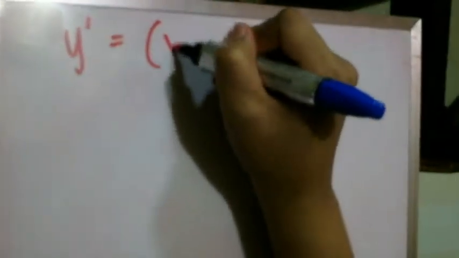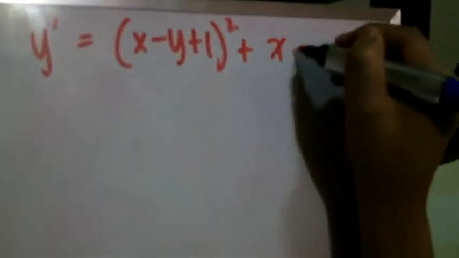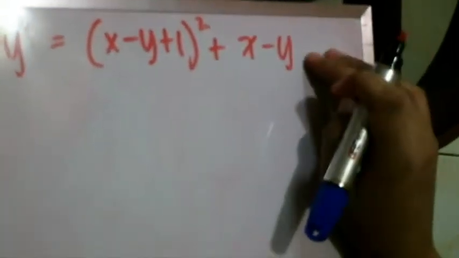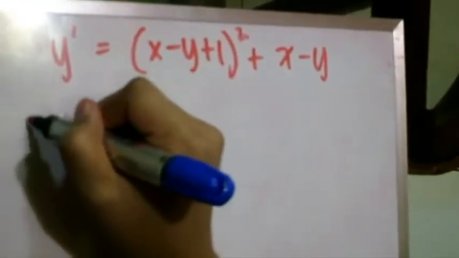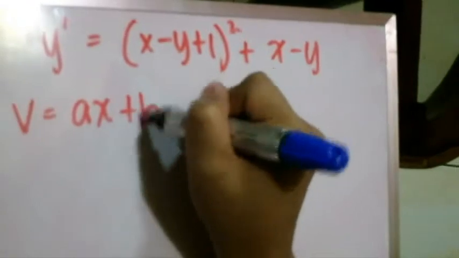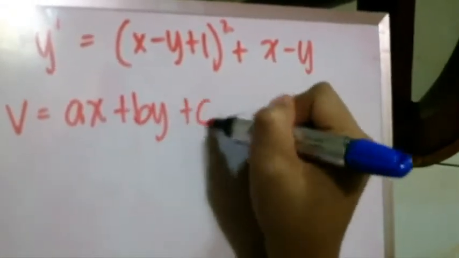The equation is y prime is equal to the quantity of x minus y plus 1 squared plus x minus y. The problem with this is we have to show this equation is a separable equation by substituting the condition v is equal to ax plus by plus c.